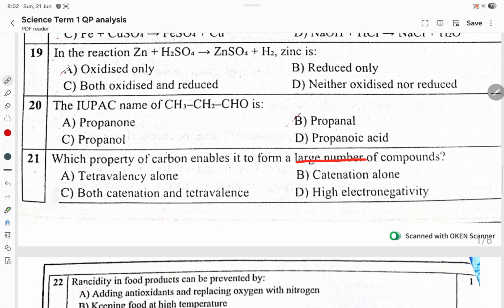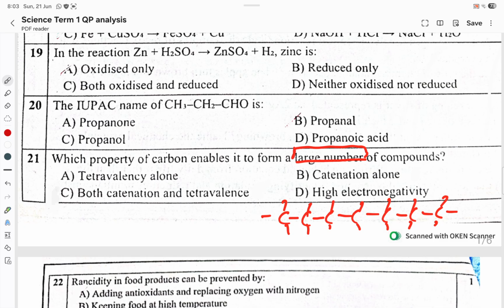The question is about a large number of carbon compounds. Some carbon compounds have a number of carbon atoms present in them like this. Here I give only 7, but hundreds of carbon atoms can be there in a carbon compound. What is the point? No other atom can form such long, large compounds like carbon does.